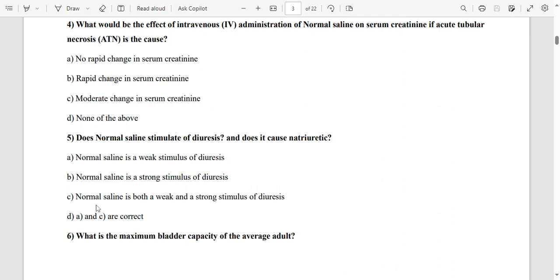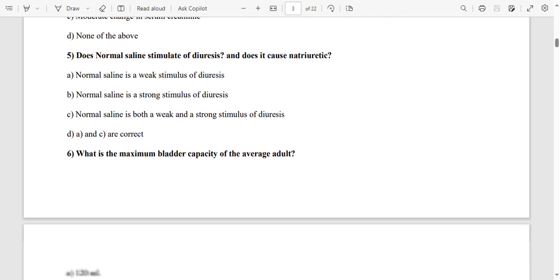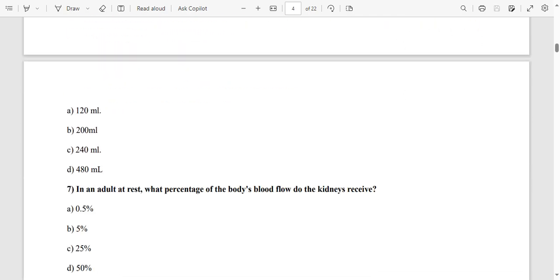What is the maximum bladder capacity of the average adult? Now when it comes to the bladder, when it fills to somewhere between 120 and 320 mils, that is the mean, the average. So between 120 and 320, you can take the middle, which is like 220 mils.